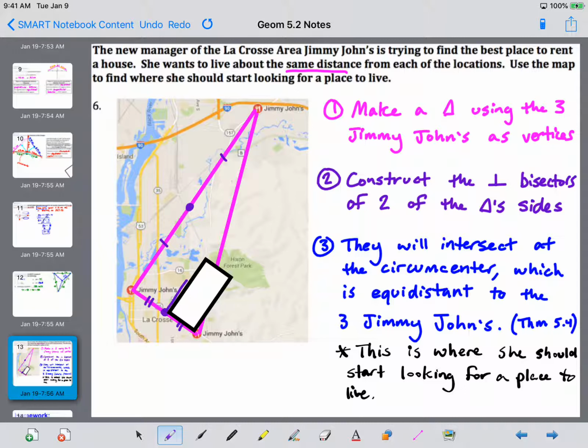Okay, and I'm going to keep going a little bit here. I need to move this so I can extend it. So you should always extend your perpendicular bisector outside of the triangle, because sometimes it does end up being outside.